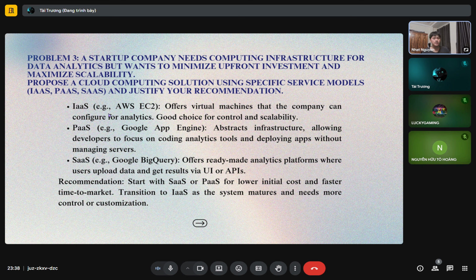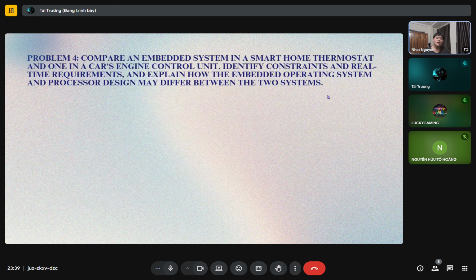The recommendation is to start with SaaS or PaaS for lower initial cost and faster time to market, then transition to IaaS as the system matures and needs more control and customization. And now we move to problem 4.